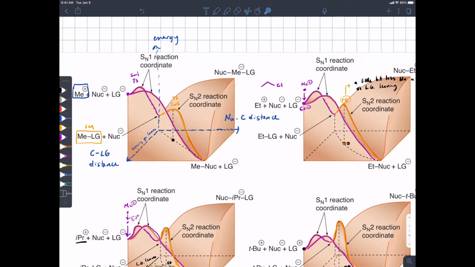But what this does is it pulls the potential energy landscape a little bit more towards this corner, such that the transition state shifts to involve a little bit less nucleophile attacking and a little bit more leaving group leaving.